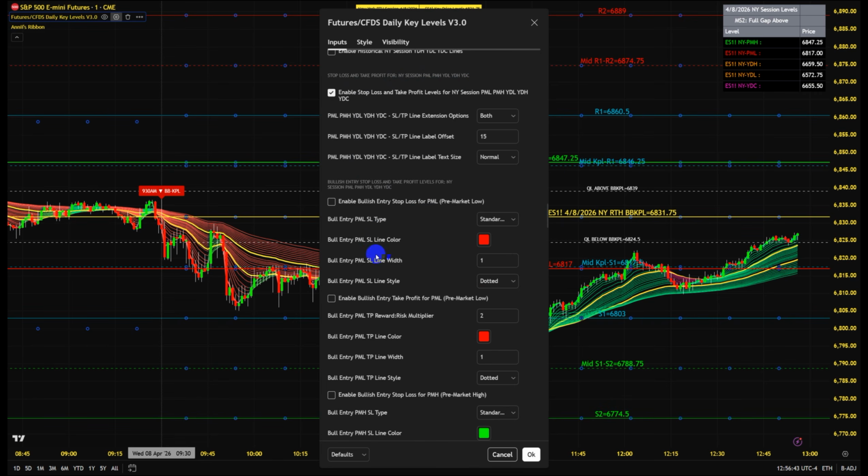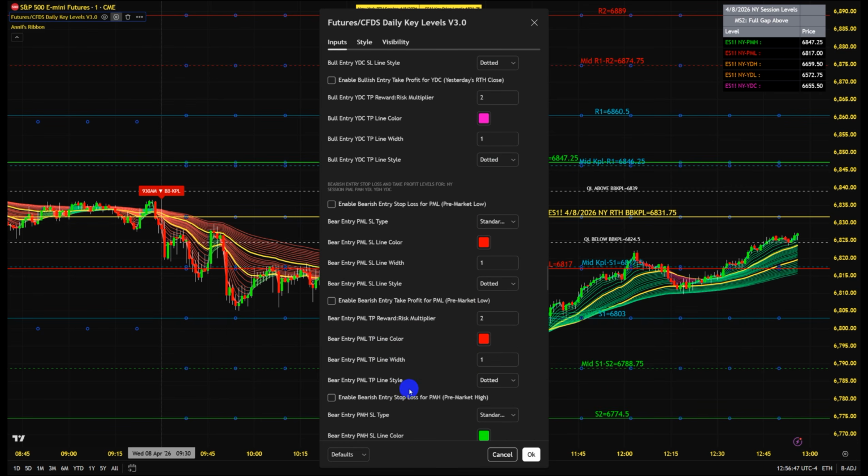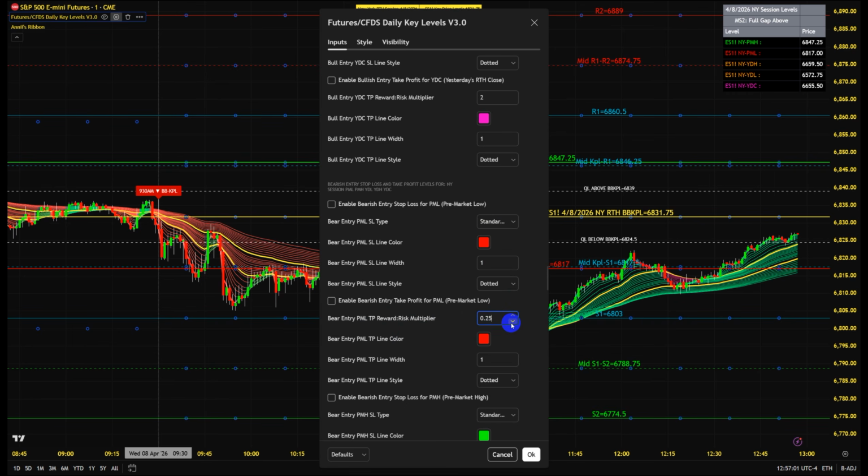And then you have a bullish entry section followed by a bearish entry section in which you choose either a standard stop loss or a tight stop loss. Then you choose your reward risk multiplier to use, which is anywhere from 0.25 up to the default level, which is 2, or you can go up in 0.25 increments above 2 all the way up to 30.